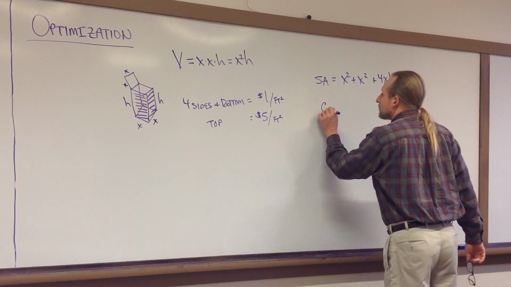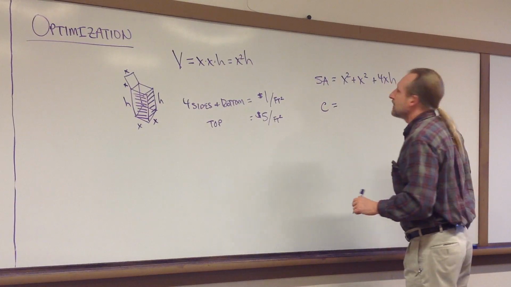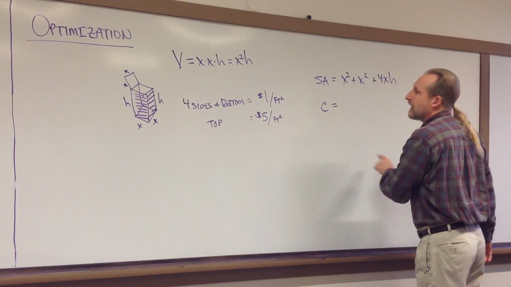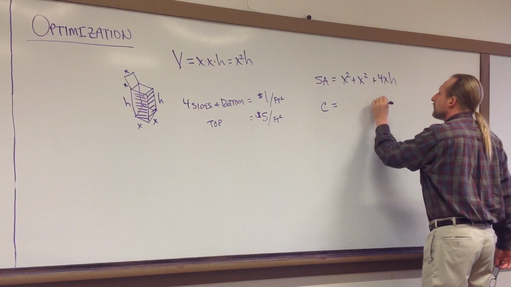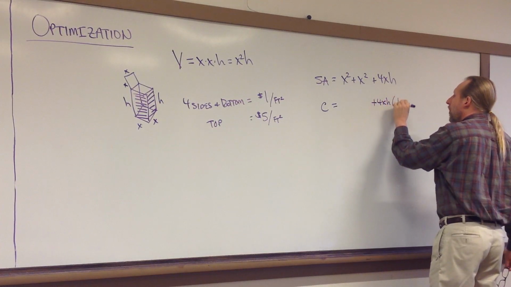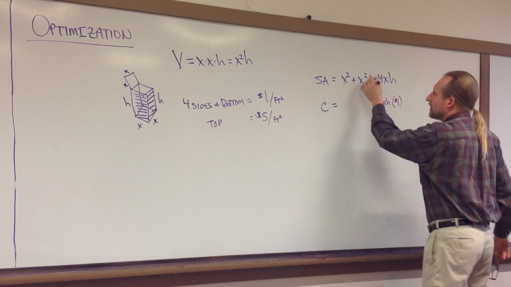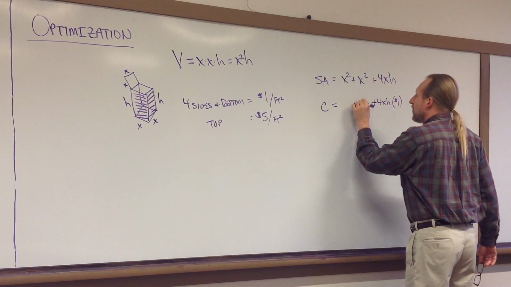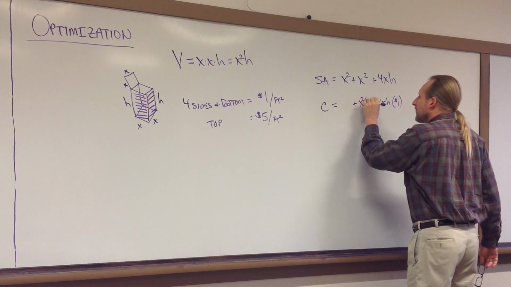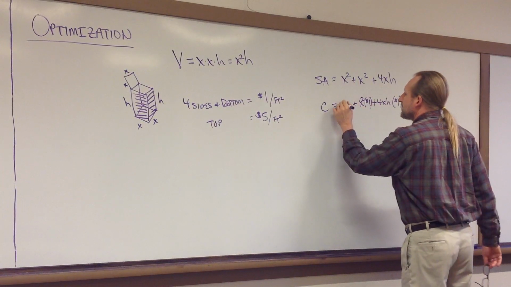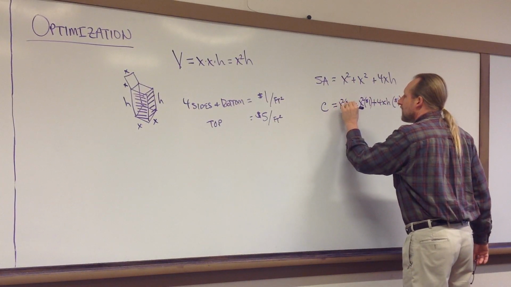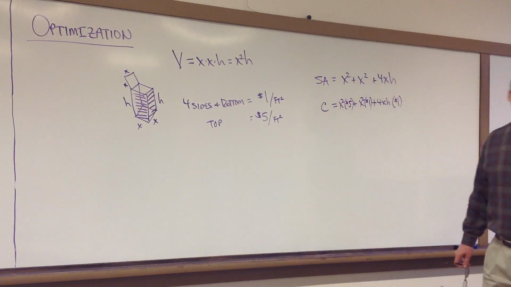Now the cost here is going to be, let's see, these four sides cost $1 per square foot. The bottom, let's say this one is the bottom, is $1 per square foot, but the top is $5 per square foot.